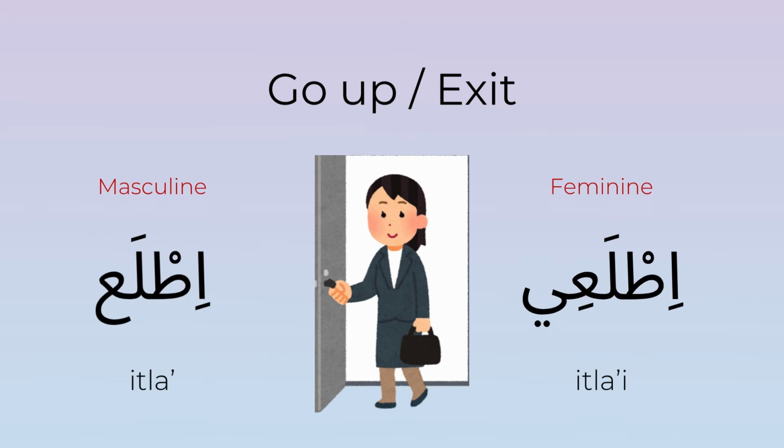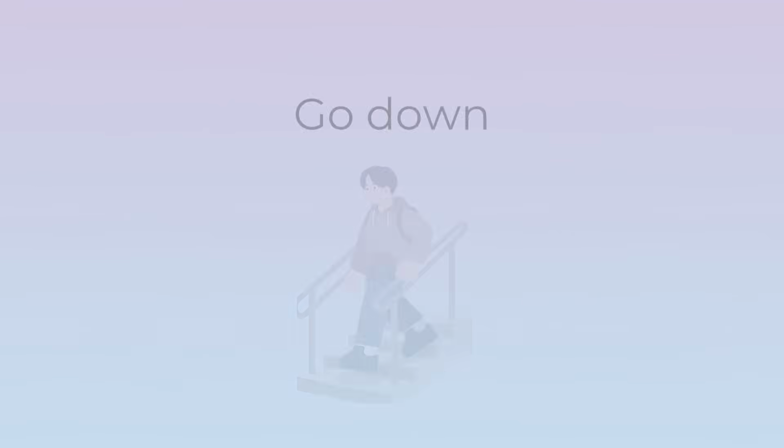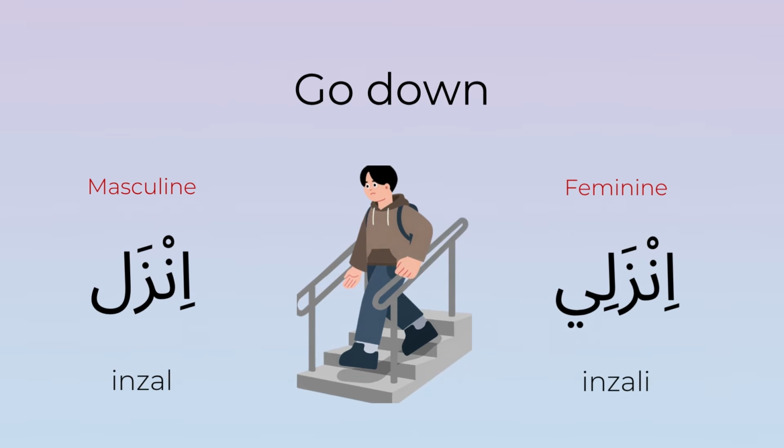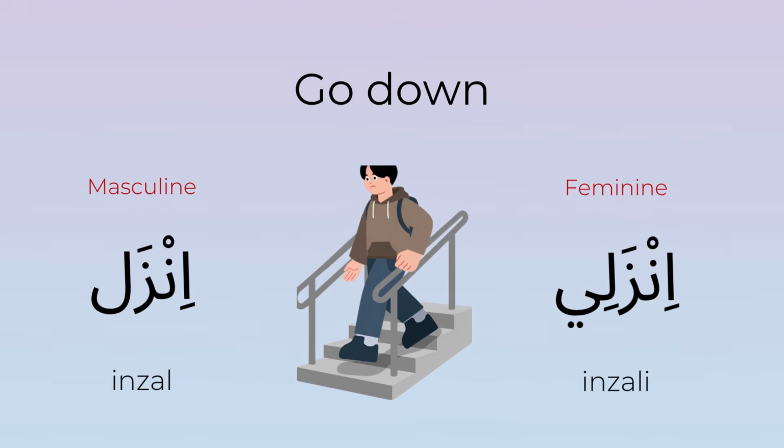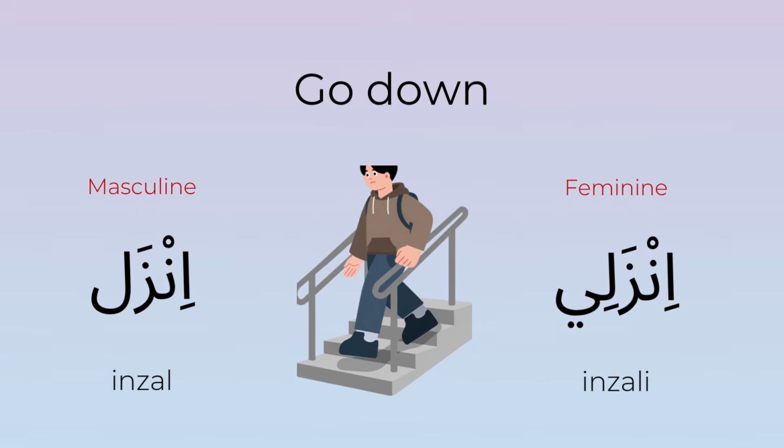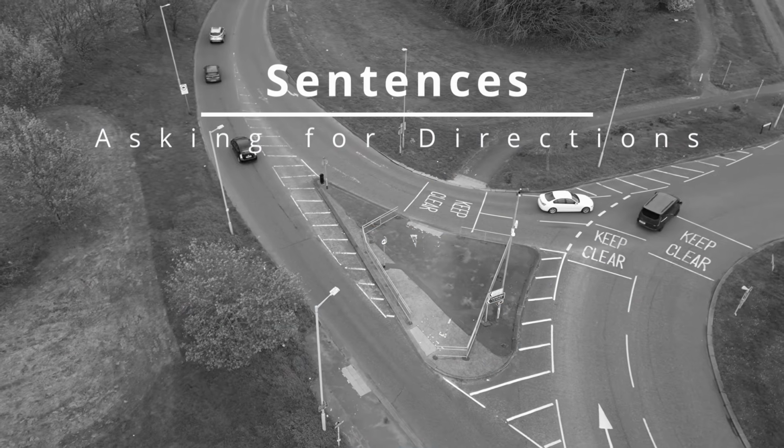The feminine form is اطلعي. Go down. Masculine form. انزل. The feminine form is انزلي. Now we're going to move on to sentences.